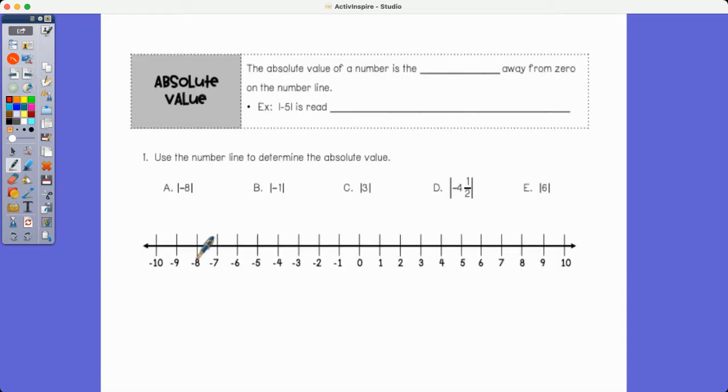So the absolute value of a number is the distance away from 0 on a number line. For example, this symbol right here looks like two lines with a -5 inside. It is read as the absolute value of -5.